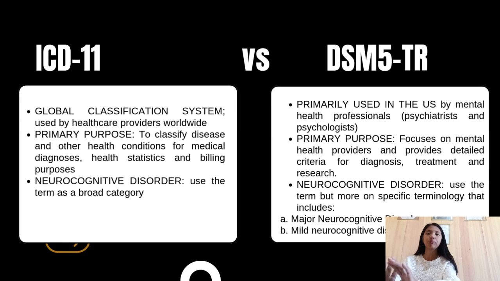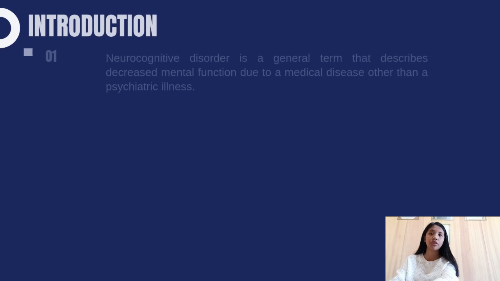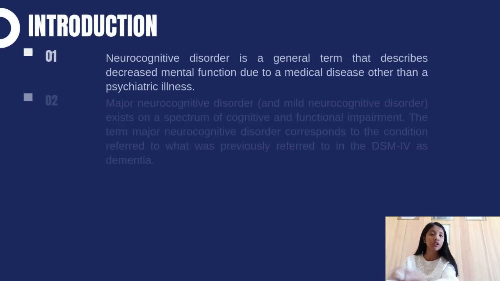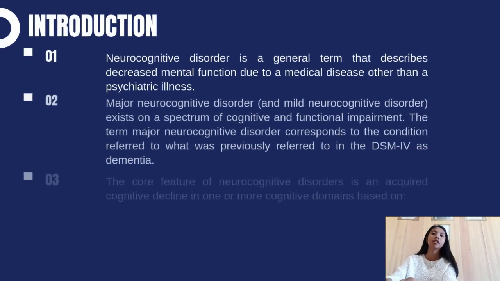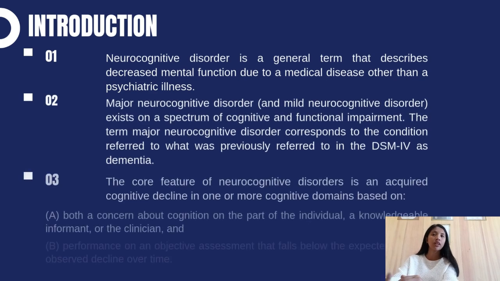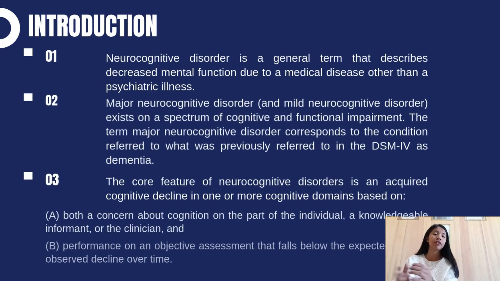So now, let's have an overview of what really is a neurocognitive disorder. Neurocognitive disorder is a general term that describes a decrease in mental functions due to a medical disease other than a psychiatric illness. And also, as I've said, you will encounter the term major and mild neurocognitive disorder in the DSM-5-TR, which exists on a spectrum of cognitive and functional impairment.